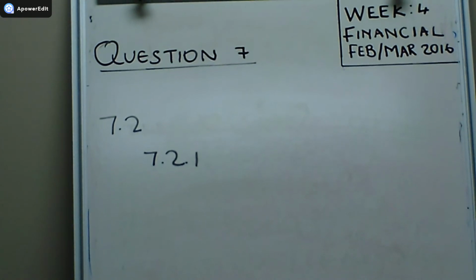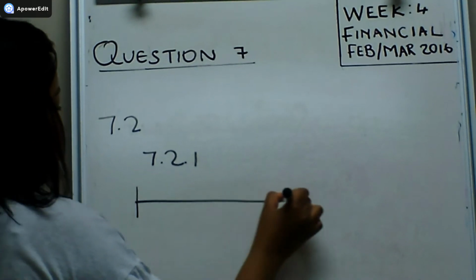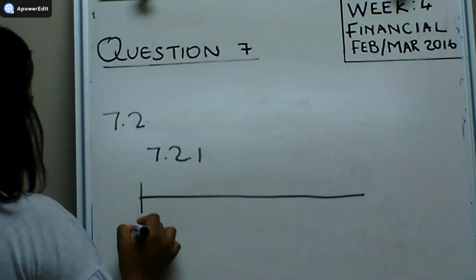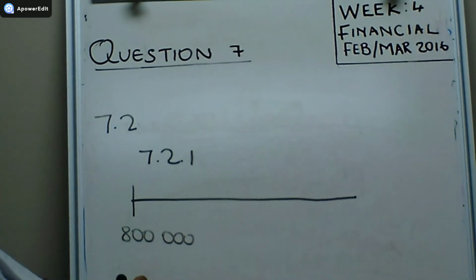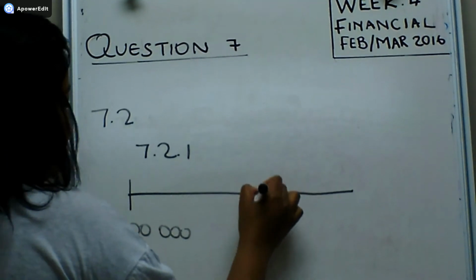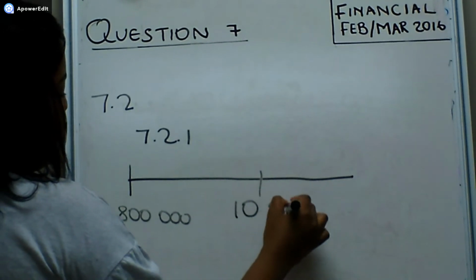7.2.1. You can always pause the video and go back to see what we were asked to calculate. So yeah, question 7.2.1. Basically what I'm doing here is I'm just drawing the number line to show you guys, otherwise it's not even necessary.